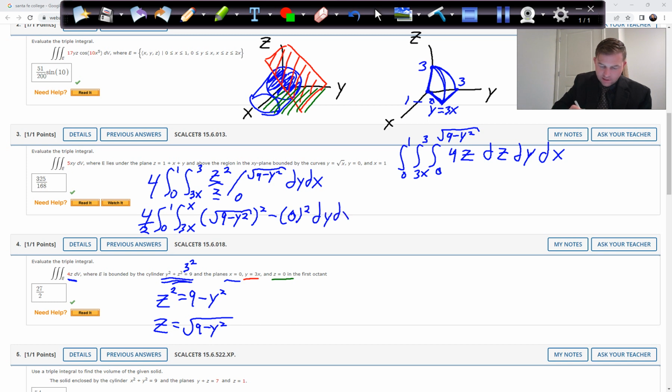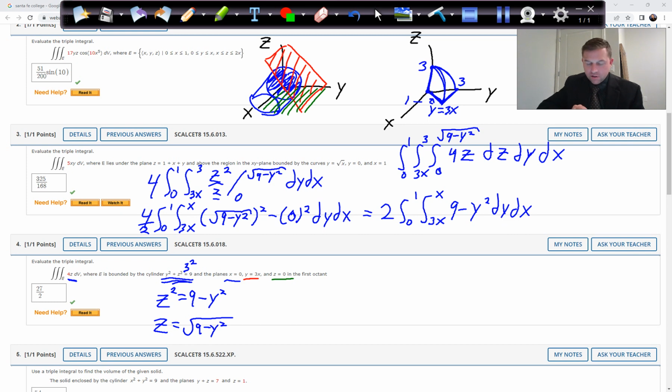Then it's dy dx. Well, this is going to equal 4 over 2 is 2, 0 to 1, 3x to 3, and that square root and that square will just cancel, so it's 9 minus y squared dy dx. And the 0 is just going to completely go away.